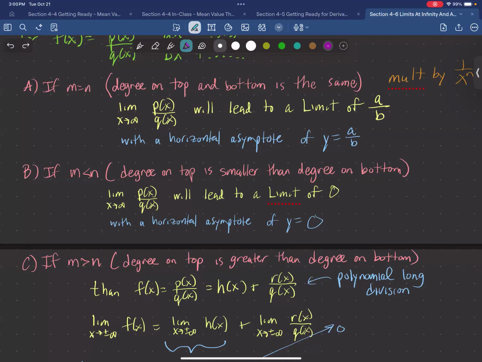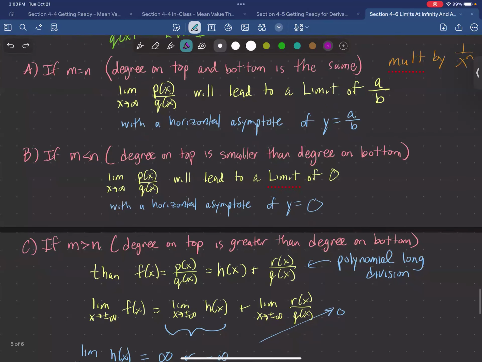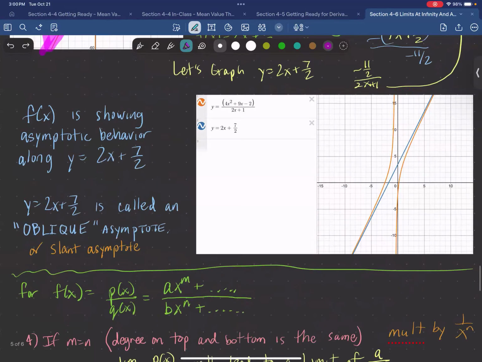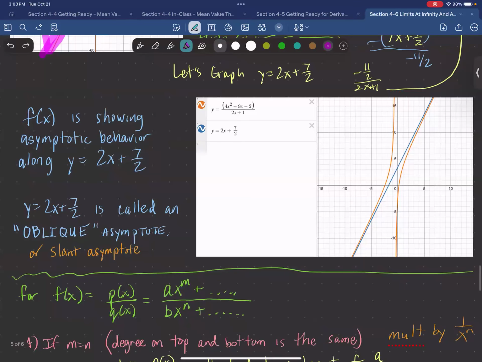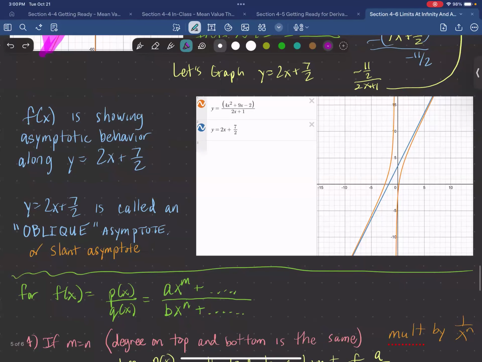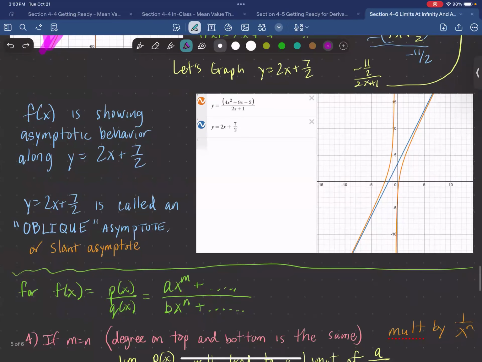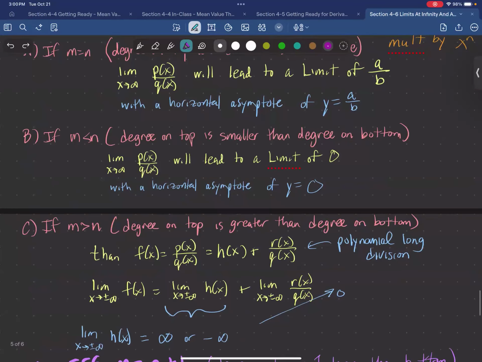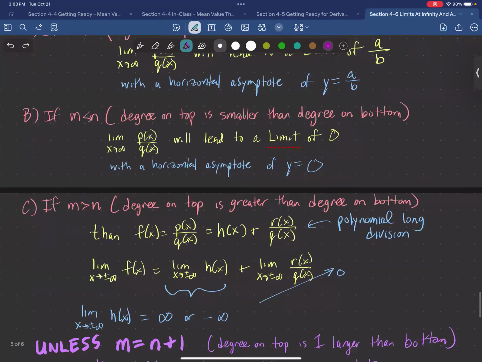So we're left with the limit as x goes to plus or minus infinity of h of x. This is going to lead to infinity or negative infinity. That didn't change with the oblique asymptotes. The oblique asymptotes are still going to infinity and negative infinity. We just know how they're going to negative infinity or positive infinity. And so we're going to make a little subcategory here of m greater than n, when m equals n plus 1.